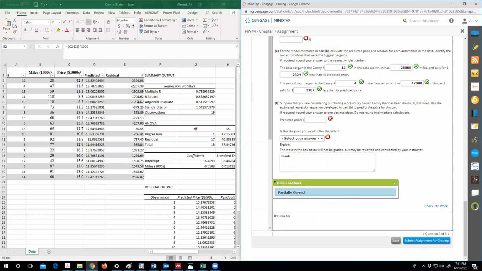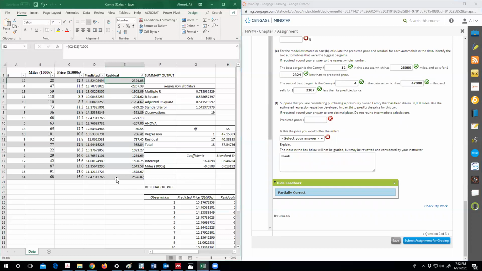All right. So do you know what this thing is? It's to predict the price. Suppose that you're considering purchasing a previously owned Camry, which has been driven 80,000 miles. So we have to just put 80,000 in the formula, technically. Since I have made my equation, I can just put 80 here and I'll get the answer.